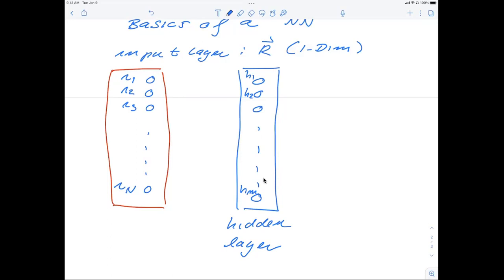Now, in the theory of neural networks, there is a theorem which is called the universal approximation theorem. And that says that a neural network can approximate a given continuous function to a certain error with at least one hidden layer.